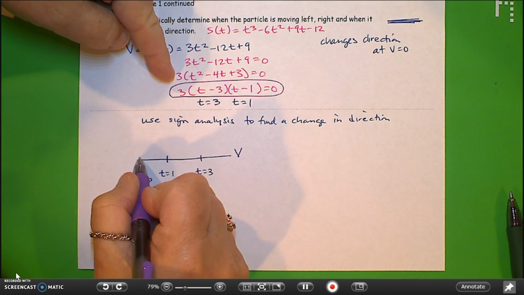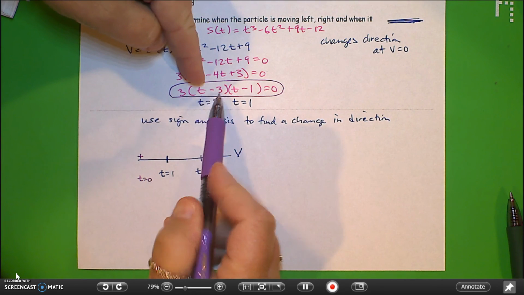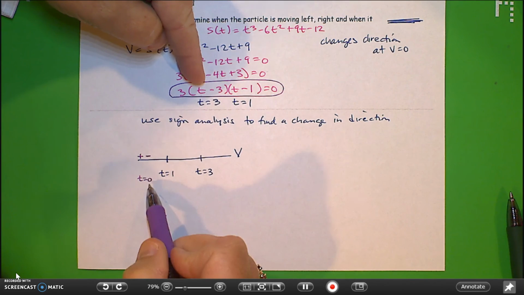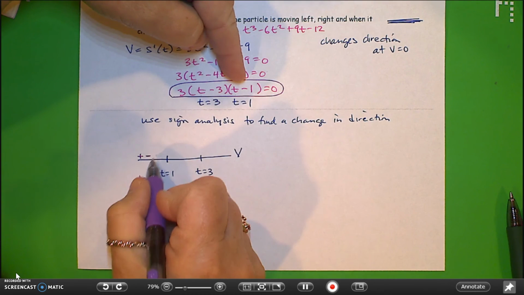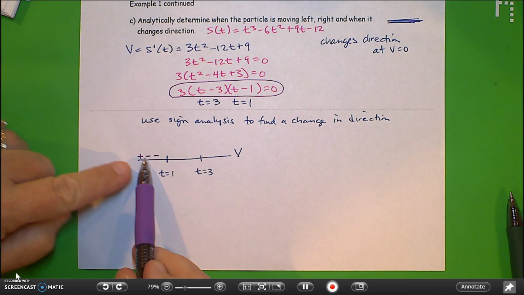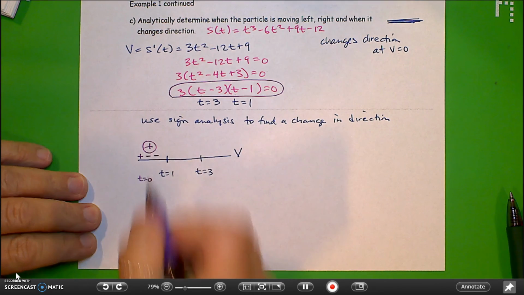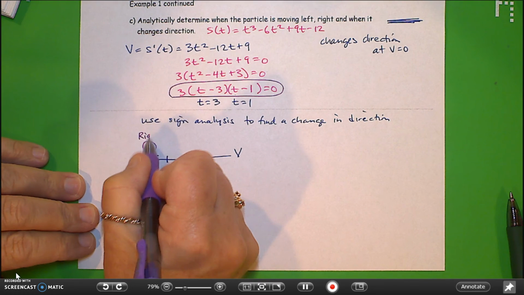So the 3 is always positive. If t is 0, 0 minus 3 is negative. When t is 0, 0 minus 1 is also negative. So for multiplying these 3 parts, I have a positive times a negative times a negative, which overall is positive. And that means the particle is moving to the right.